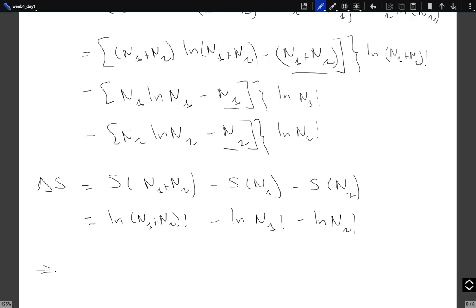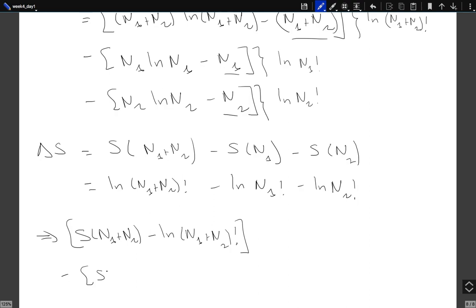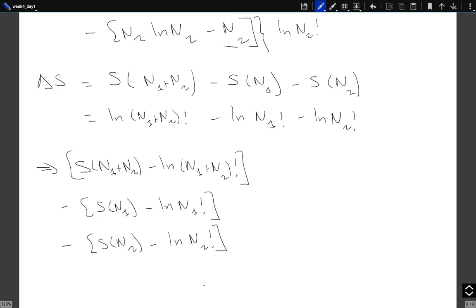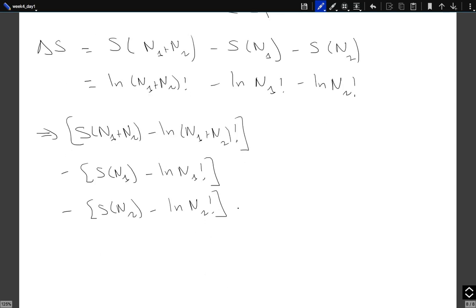So basically, we can write it in this form: S of N1 plus N2 particles minus logarithm of N1 plus N2 factorial, minus entropy of N1 particles minus the logarithm of N1 factorial, minus entropy of N2 particles minus the logarithm of N2 factorial. So this basically tells me that this is zero.